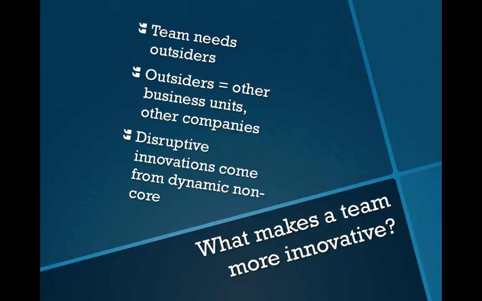So the team needs outsiders to be more innovative. Outsider means maybe from another company, but also from other business units. And you don't want the core of your business represented on an innovative team, because disruptive innovations tend to happen from the non-core parts of your organization.